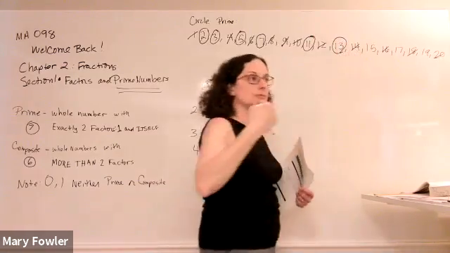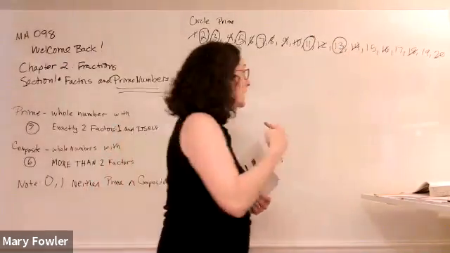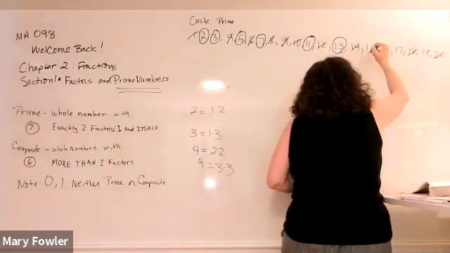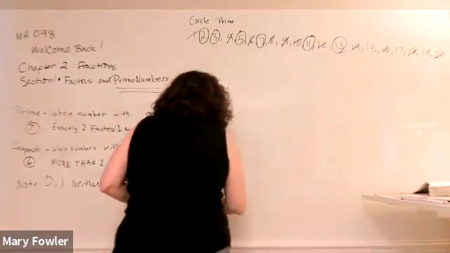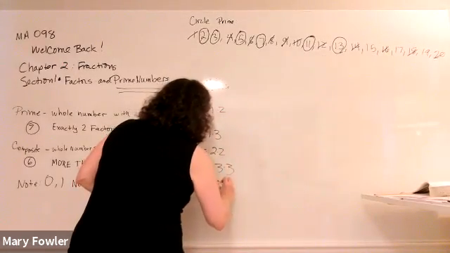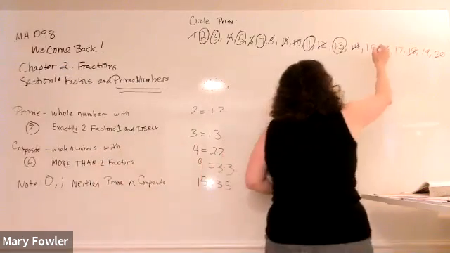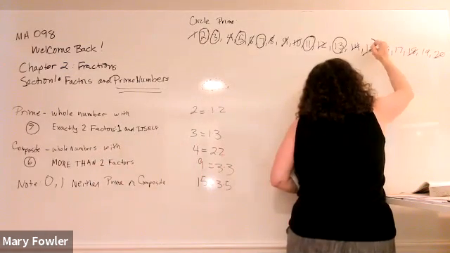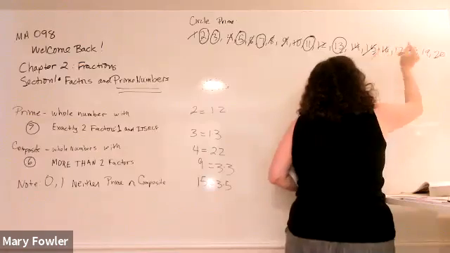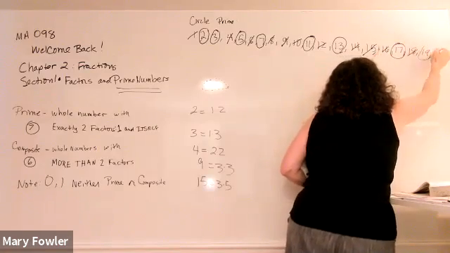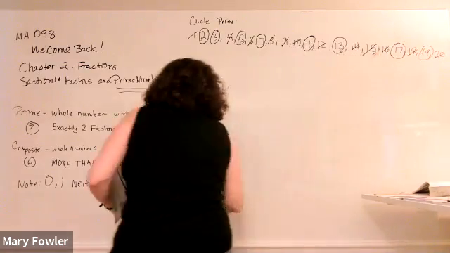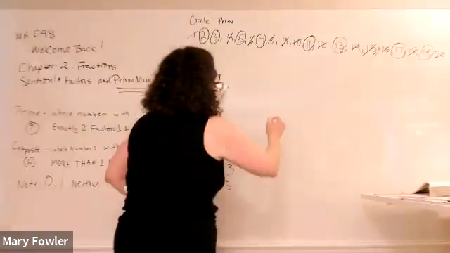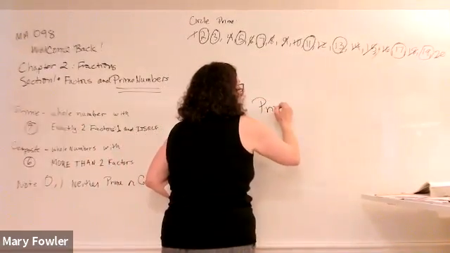You can go through all the rules if you like, but you should check and convince yourself. 15 is not prime because 15 equals 3 times 5. 17 is prime, 19 is prime.